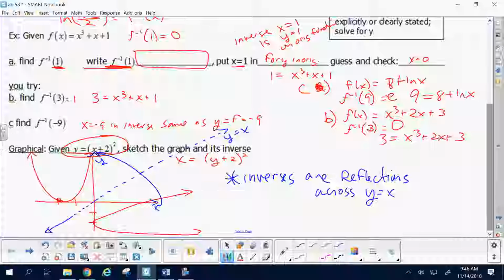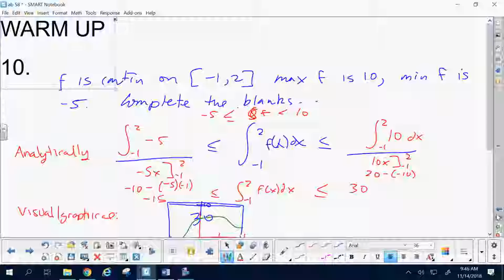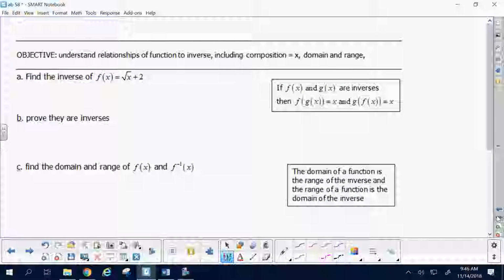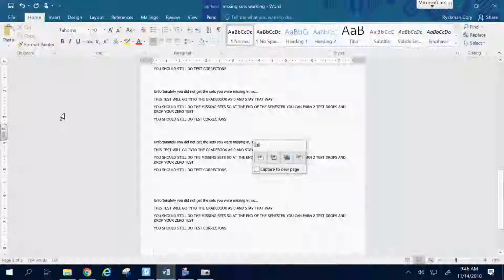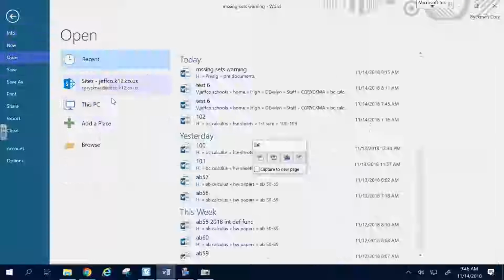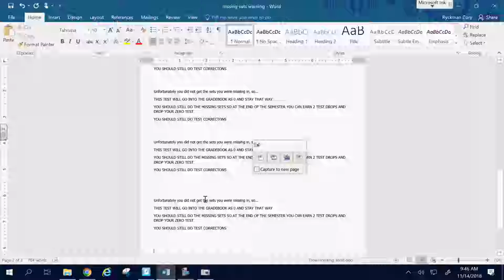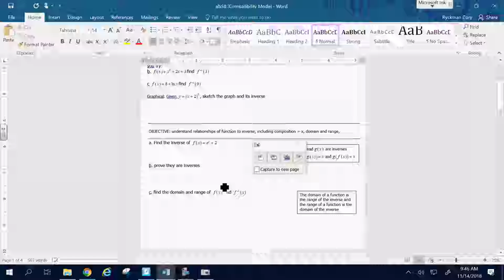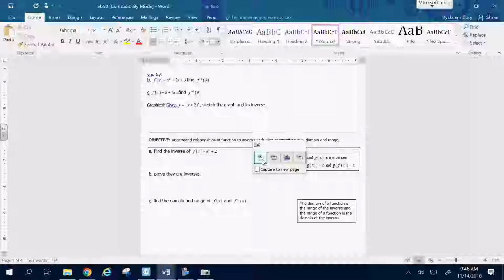All right. Let's go on to, these are out of order. Is this what you have? Find the inverse of f of x equals root of x plus 2? No. No? Gosh, I wish I would have made my changes here. Give me 1 minute while I call up my new notes that I apparently made wholesale changes to. I don't usually make that many changes. All right. E to the x plus 2 is what you have?